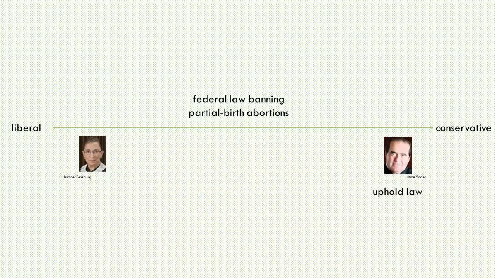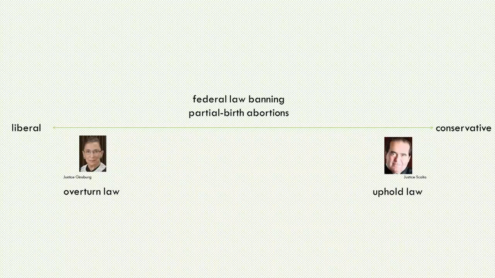Now the attitudinal model predicts that a conservative justice like Justice Scalia will vote to uphold the law. Scalia, or a conservative, basically will make conservative decisions in all cases that are located to his or her left on the political scale.